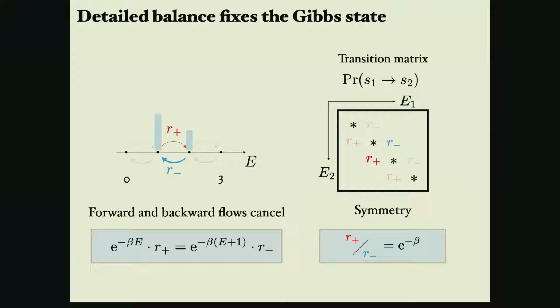This is just some number that depends on the temperature. For example, if beta is 0, then these two are the same, so the matrix is symmetric. This exactly corresponds to the reversible Markov chain. If beta is large, then it's biased and not exactly symmetric, but they still obey some symmetry up to this factor.